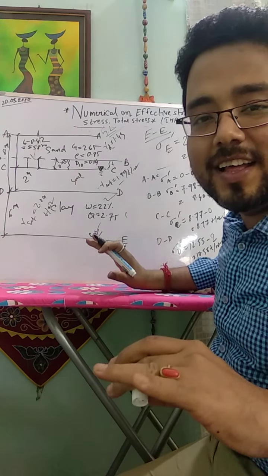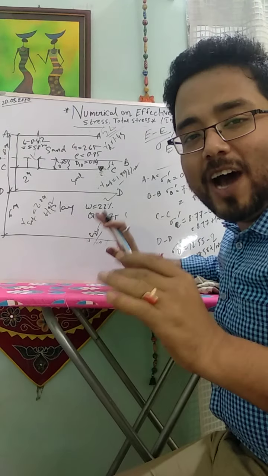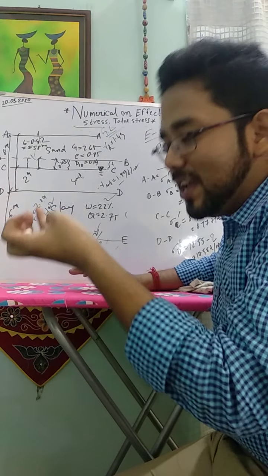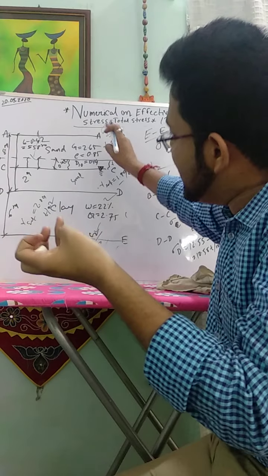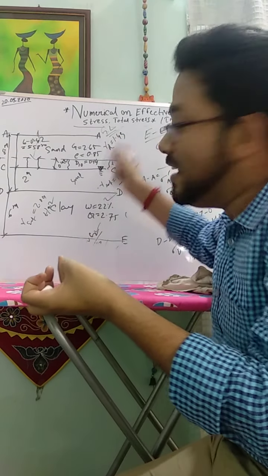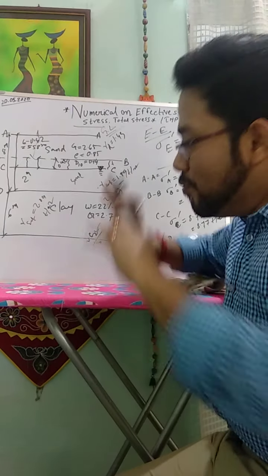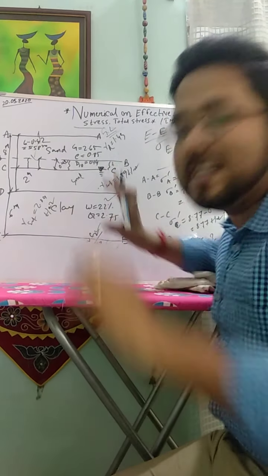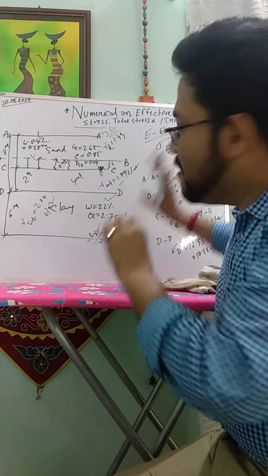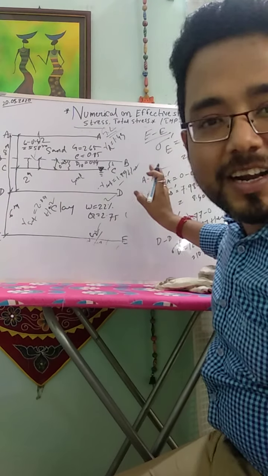Now we have found the total stress, neutral stress and effective stress in the AA plane, BB plane, CC plane, DD plane and EE plane. Now we draw a diagram for total stress, for effective stress and for neutral stress.